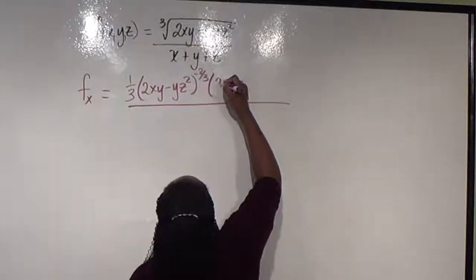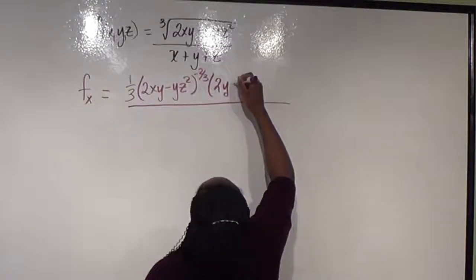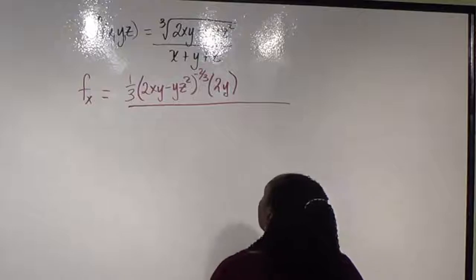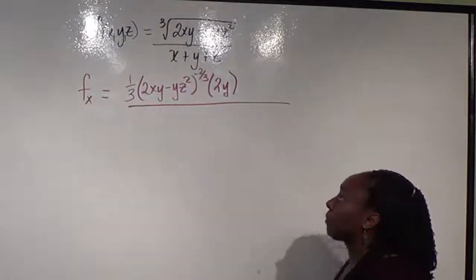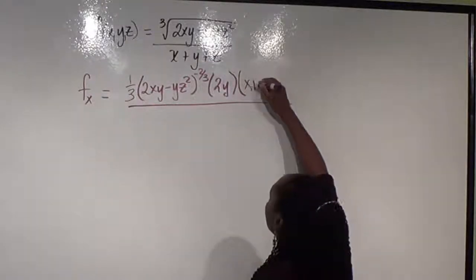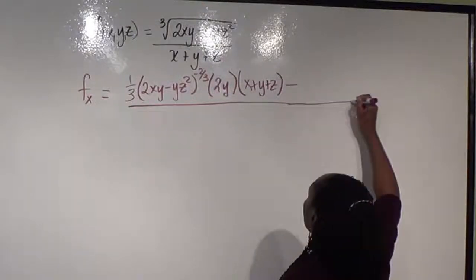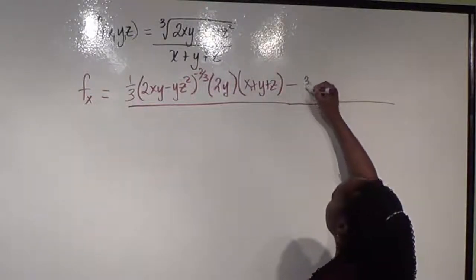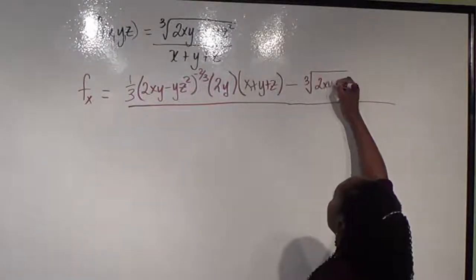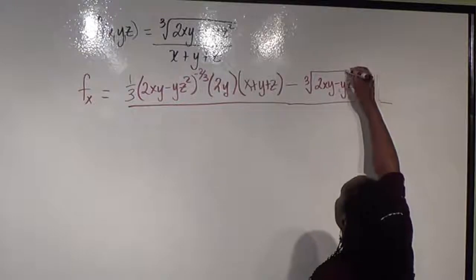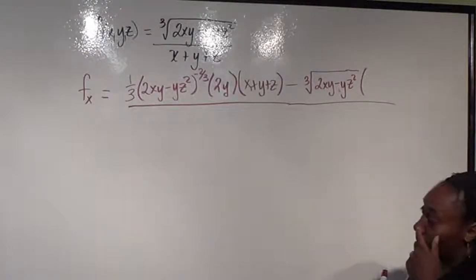So that first term is just going to be a 2y. That second term is going to go to 0. That's my derivative of the top times the bottom minus the top times the derivative of the bottom.